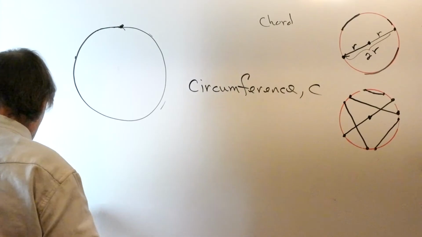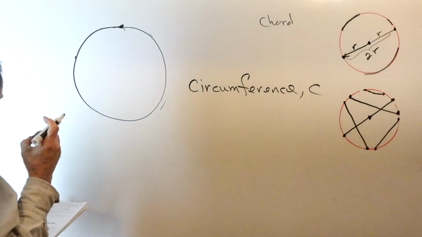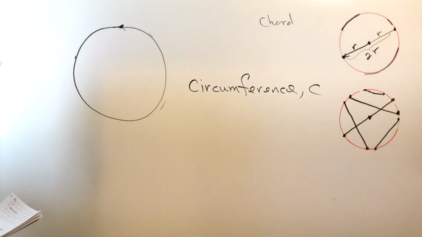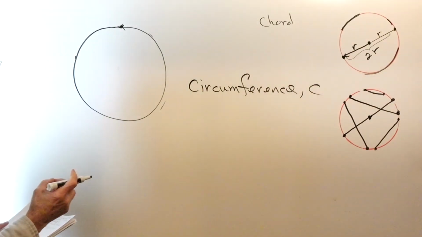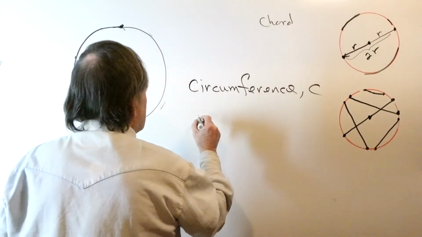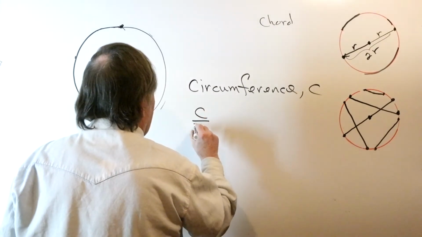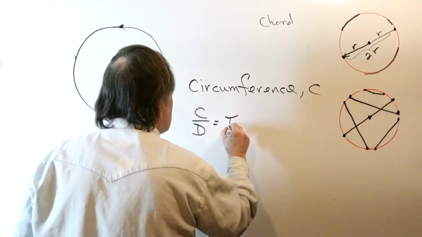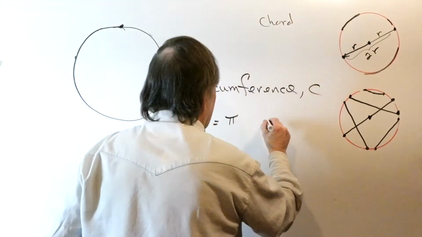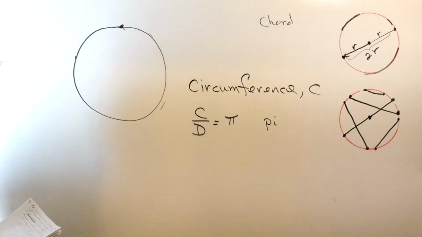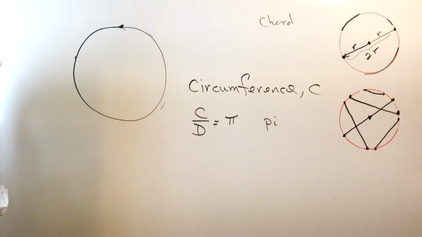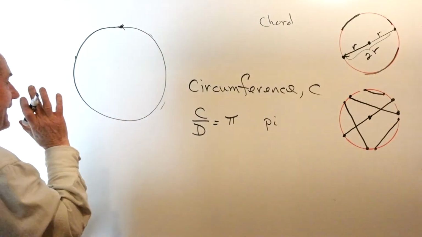Now it turns out that a property of circles that holds for any circle, no matter how big or how small, is that the ratio of the circumference to the diameter is always equal to a constant, which we call pi, designated by the Greek symbol pi. This holds for any size circle.